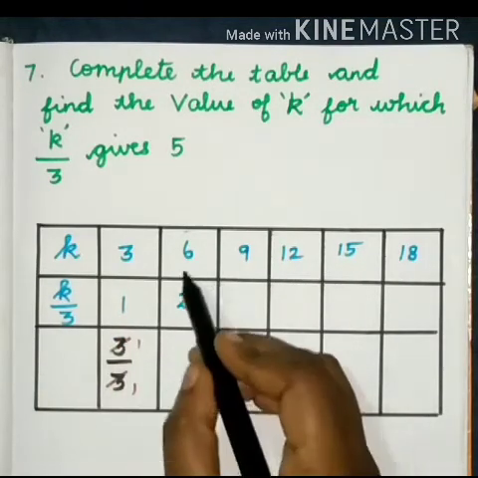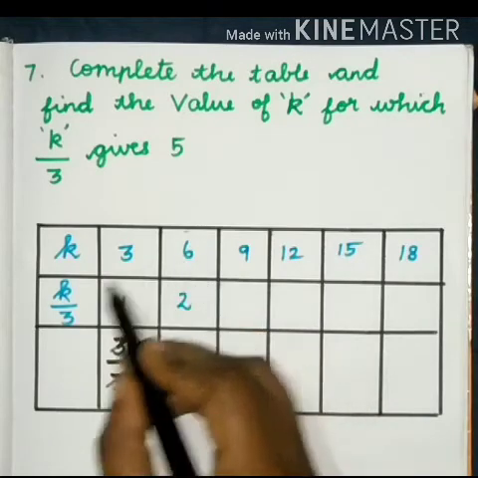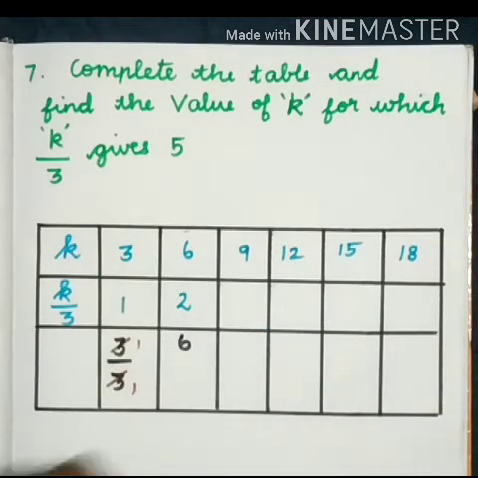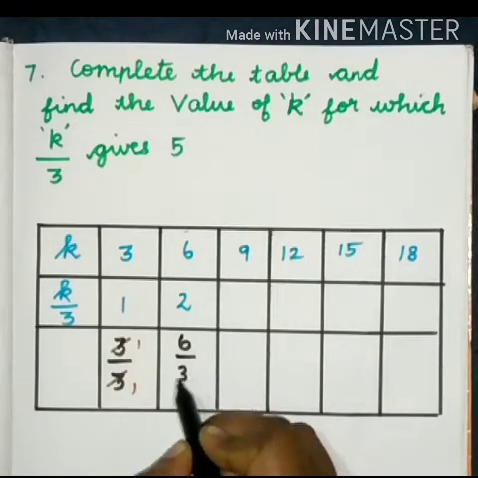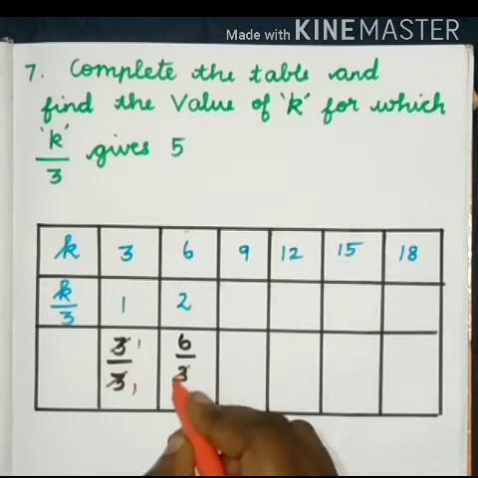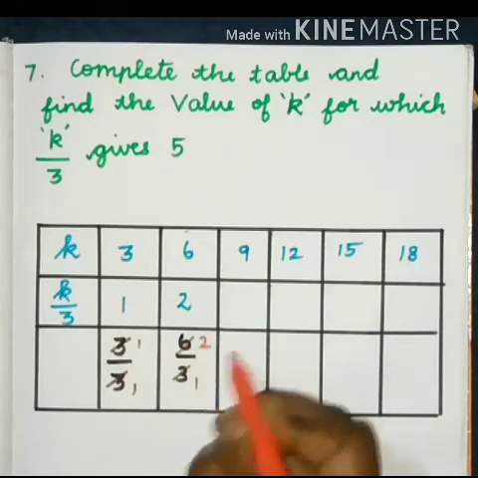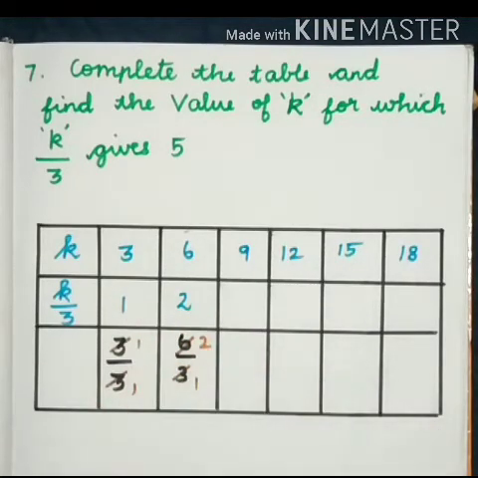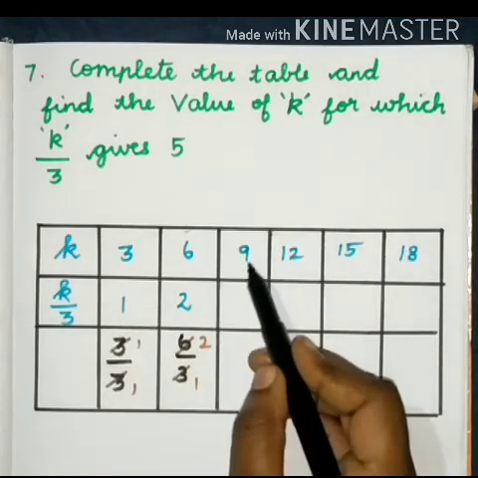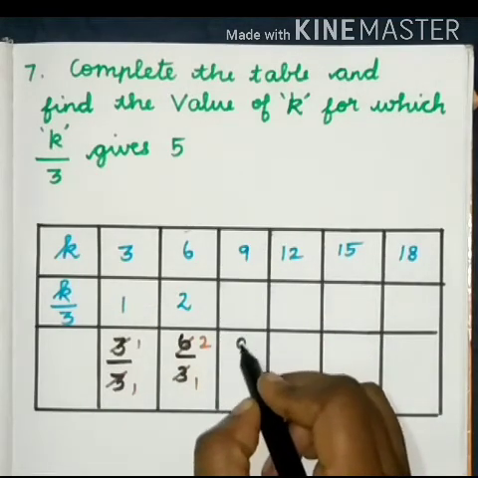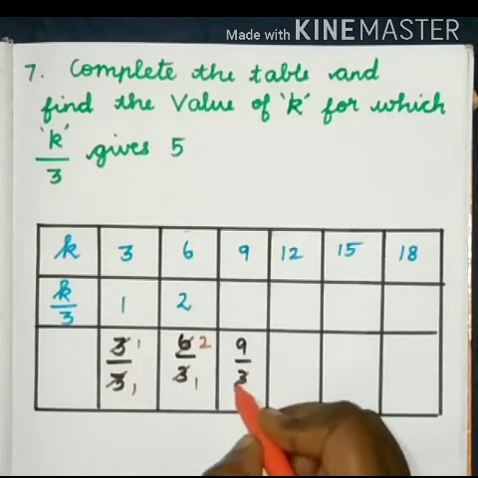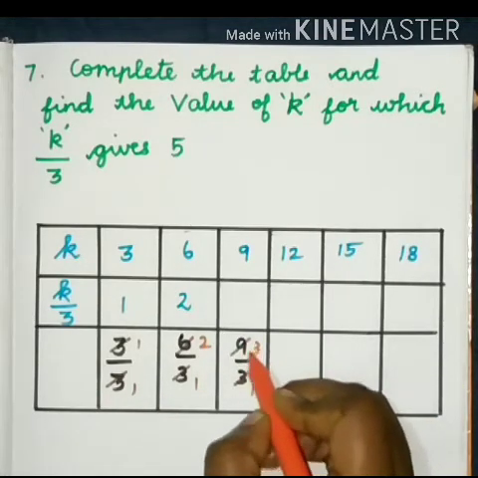Then substitute the value k equal to 6. In place of k, substitute the value 6 by 3. 3 ones are 3. 3 twos are 6. Your k by 3 value is 2. Then substitute the value k equal to 9, 9 by 3. 3 ones are 3. 3 threes are 9.